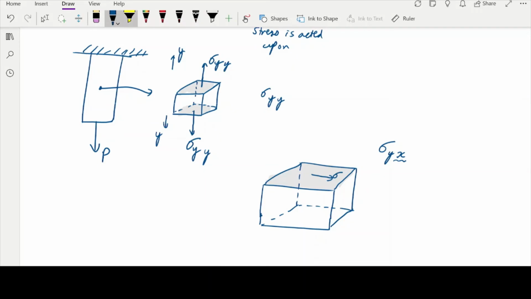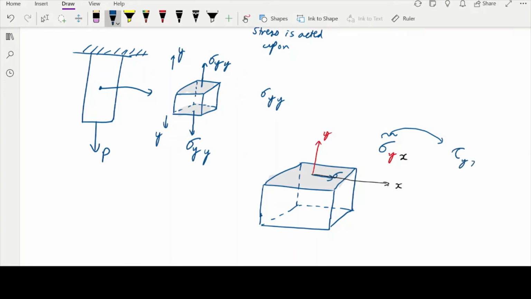You can see this is the plane's direction, and this here is the direction in which the stress acts, right? Y, x. Now generally, shear stresses are not denoted by sigma, they are instead denoted by the Greek letter tau.